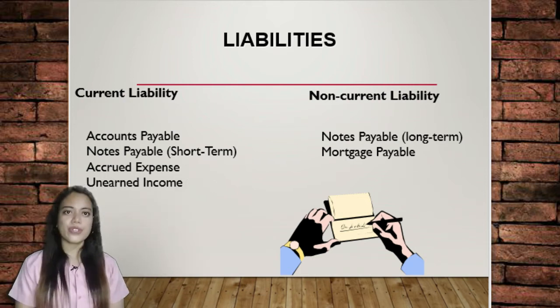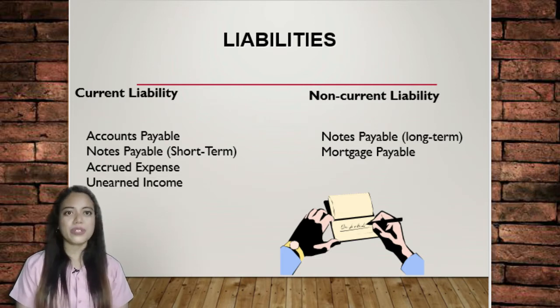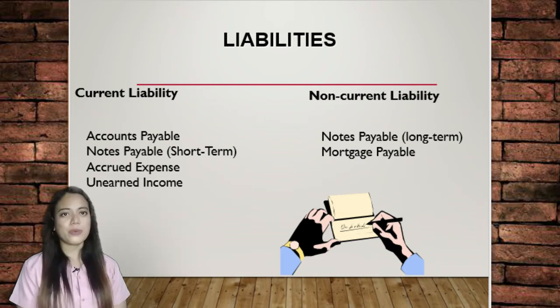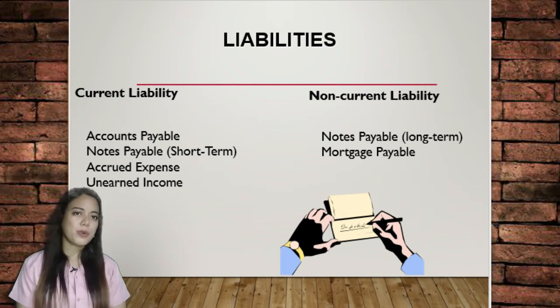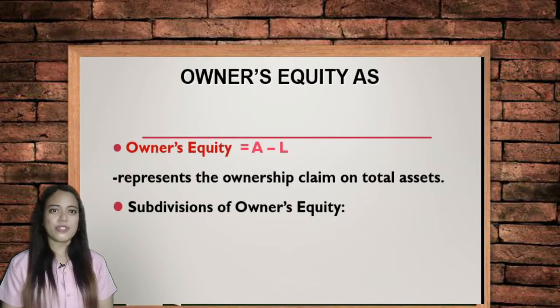And under the non-current liability section, we have notes payable, which is payable in more than 1 year, and another one is mortgage payable. So let's go to the owner's equity section.